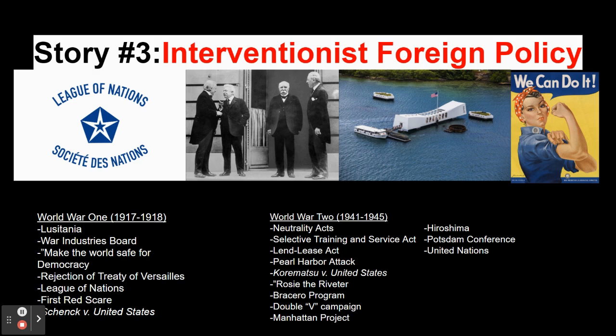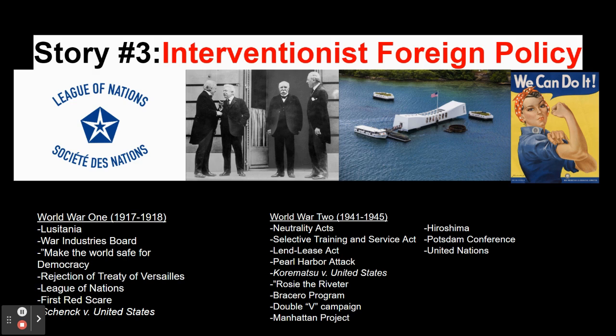So the best example of this is with the creation of the Lend-Lease Act, which happens in 1940 in order to try to aid Great Britain as they are holding out against Nazi Germany. The Lend-Lease Act, as well as other aid that we provide, are really important, but that's not how the United States gets involved in World War II. America doesn't actually fully become involved in World War II until the attack on Pearl Harbor on December 7th, 1941.